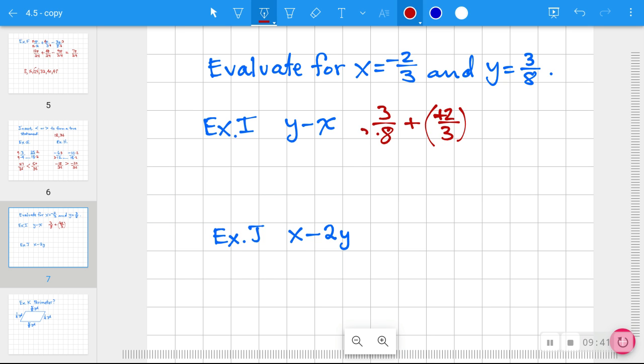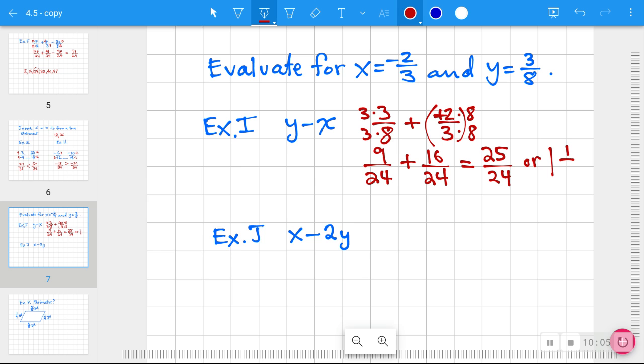So I'll triple this. That'll give me 24 on the bottom. And then I'll multiply this one by 8. So we have 24ths, we have 9 and 16 is 25 24ths. You could write it as 1 and 1/24.